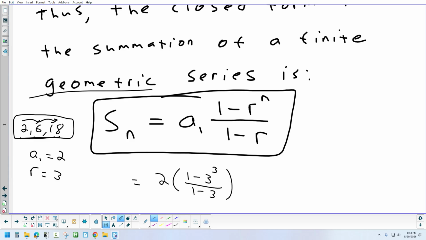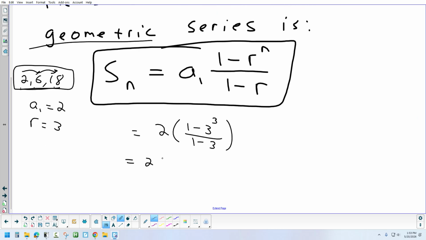Let's see if that's 26. 2 times, what's 3 cubed? Yep. And 1 minus 27? Negative 26. 1 minus 3 is negative 2. 2's cancel. Negatives cancel. There you go, 26. So this formula is not useful for that, but if you had to add up a lot more numbers, it will quickly add up all the numbers in a geometric sequence.